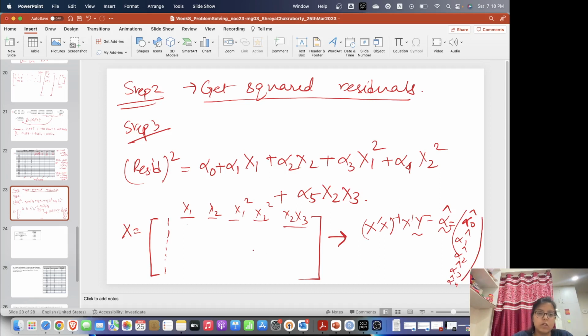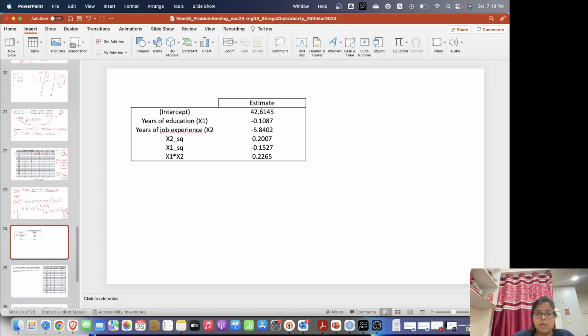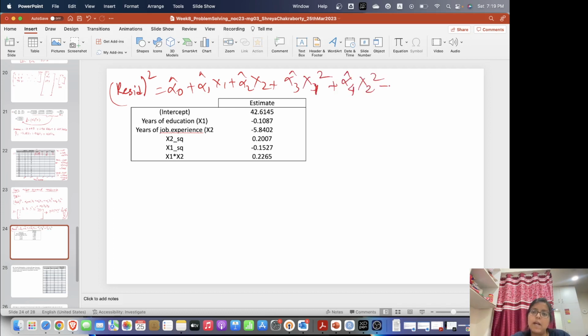Okay, so from this model we have, so this one was residual square on x1, x2, or I'll write the regression equation form itself: alpha naught hat plus alpha 1 hat x1 plus alpha 2 hat x2 plus alpha 3 hat x1 square plus alpha 4 hat x2 square plus alpha 5 hat x1 x2.